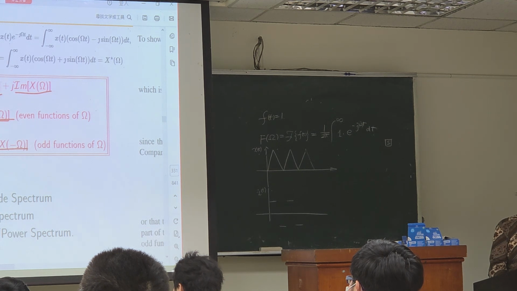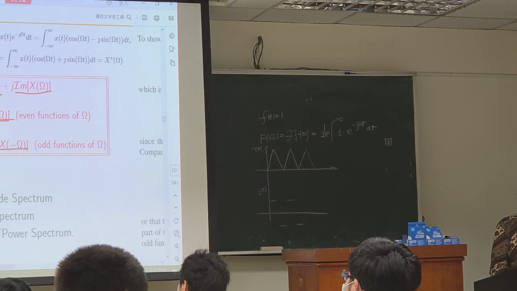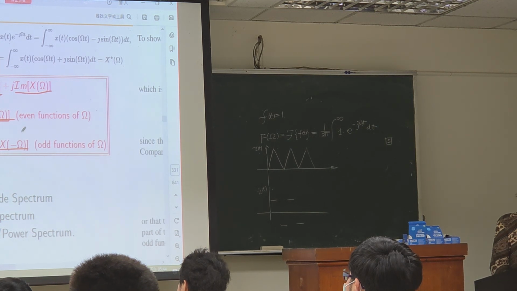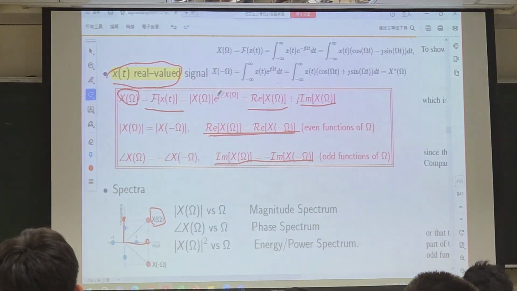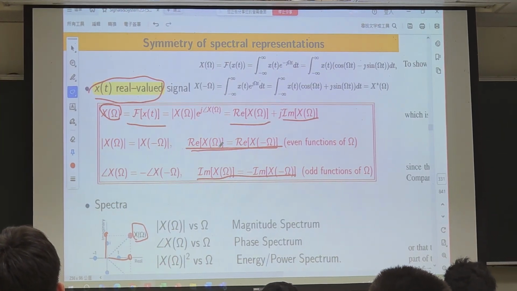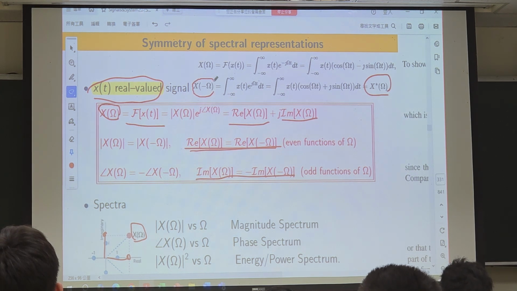Okay, suppose we are considering a complex plane. If this is x of omega in a complex plane, it has a real part and an imaginary part. So this is the imaginary part, and this is the real part. Okay? Now we are going to prove or show that the complex conjugate of x of omega actually equals x of negative omega.